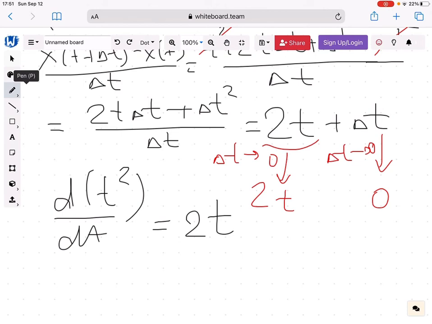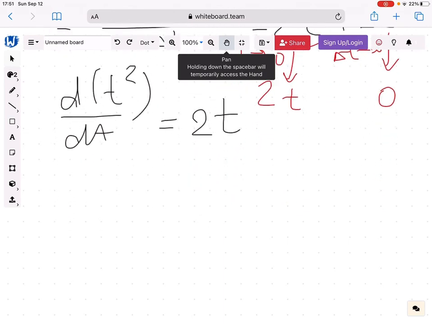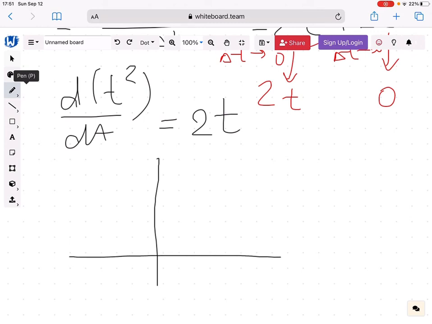Now, I want to look at the graph as before. Let's look at x equals t squared. That is a parabola. It is 0 at the origin, and then it goes up.